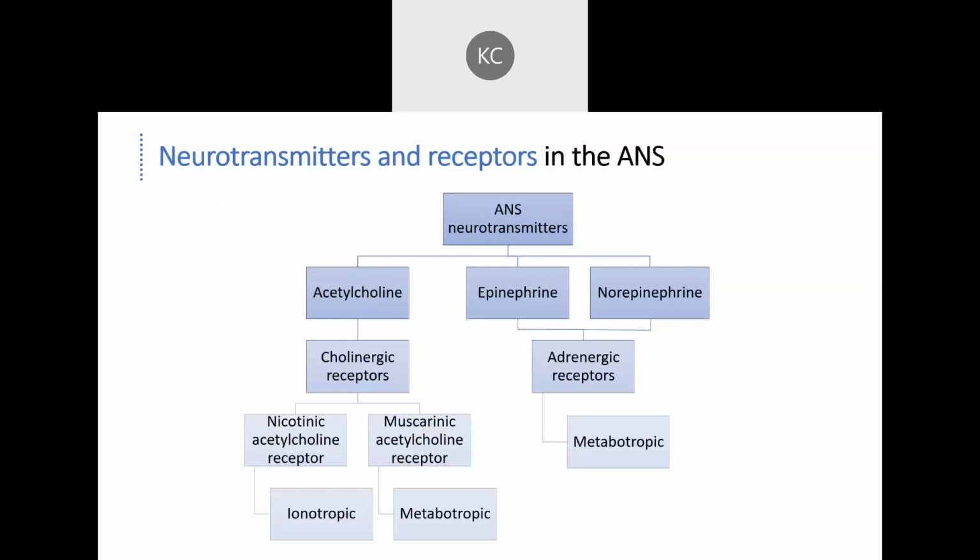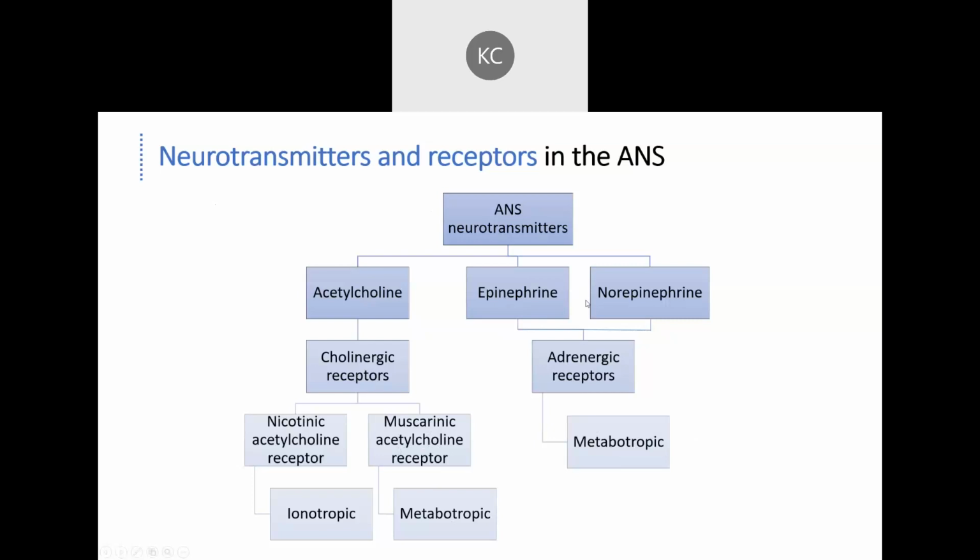One responds in an ionotropic fashion, and we'll talk about what this means, and one responds in what's called a metabotropic fashion. All adrenergic receptors are metabotropic. So whenever we talk about metabotropic for muscarinic cholinergic receptors, those respond in the same way that adrenergic receptors do, but obviously to a different neurotransmitter, so you're going to get a different effect.